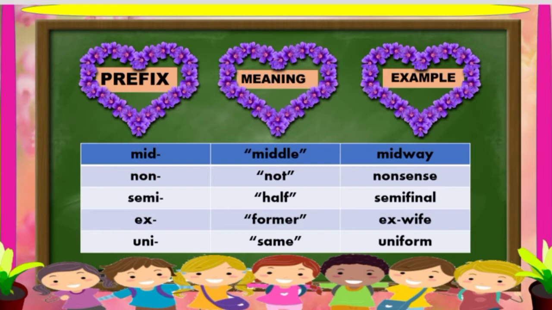Another is non, meaning not. Example, nonsense. Next is semi, meaning half. Example, semi-final. Another is ex, meaning former. Example, ex-wife. Last is uni, meaning same. Example, uniform.